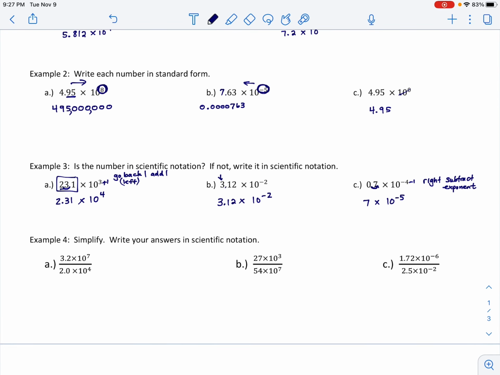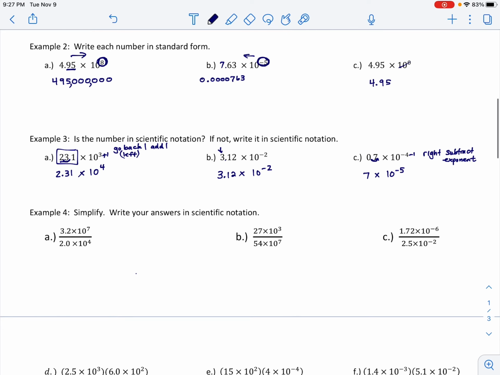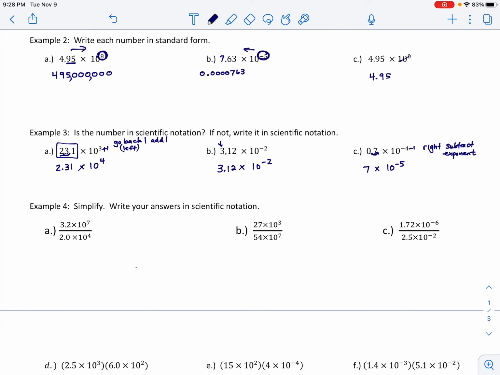All right, example 4. This is where we are dividing our scientific notation. And you are going to need your handy dandy calculators for this, so hopefully you have them with you. You should start bringing them to class with you every class period from here on out because you're going to need them for a while now.